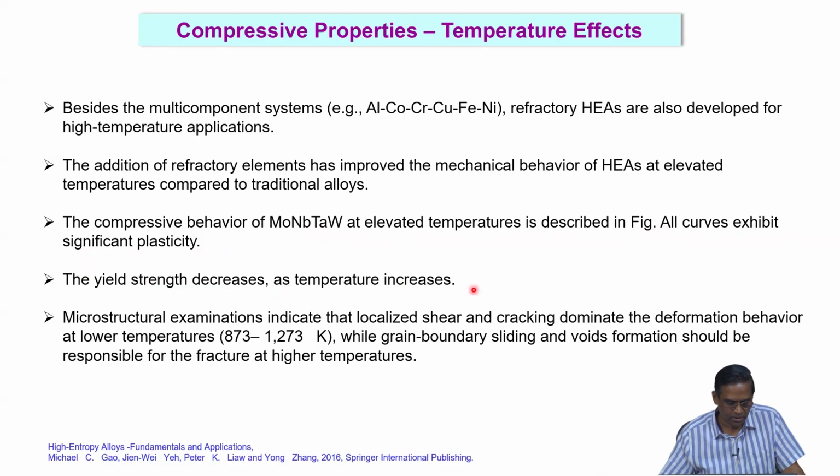All the curves exhibit significant plasticity. The yield strength decreases as the temperature increases. Microstructural examination indicates that localized shear and cracking dominate the deformation behavior at lower temperatures, while grain boundary sliding and void formation should be responsible for the fracture at high temperatures.